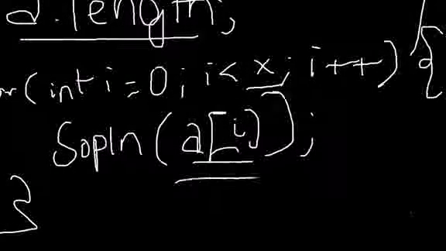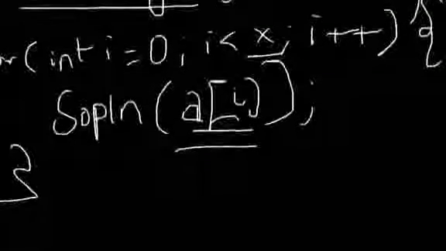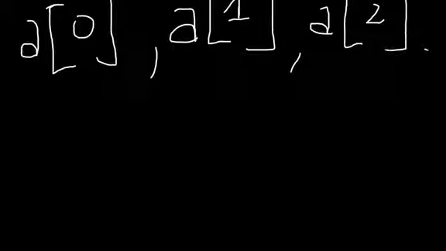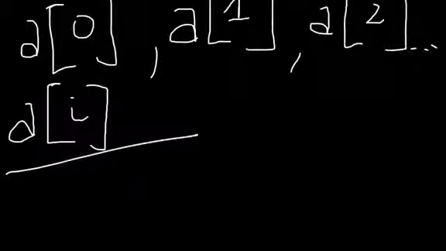This is how you access an element in an array. This is the subscript notation. If you want to access the element at position 0, A0, position 1, A1, 2, A2, and so on. So the element at position i is A i.